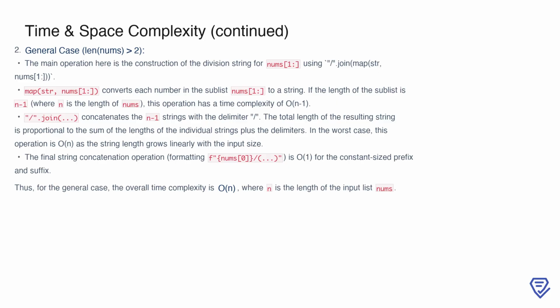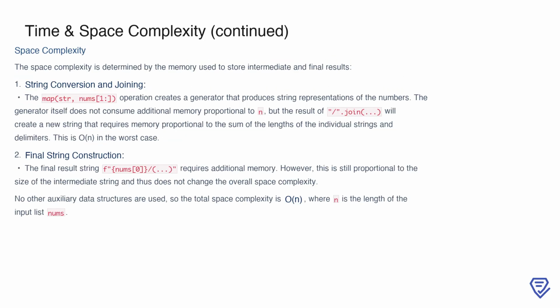When it comes to space complexity, the memory usage primarily depends on the intermediate and final string constructions. The map(str, nums[1:]) operation itself generates an iterator, which is memory efficient. However, the '/'.join operation constructs a new string that requires memory proportional to the total length of the individual strings and delimiters.